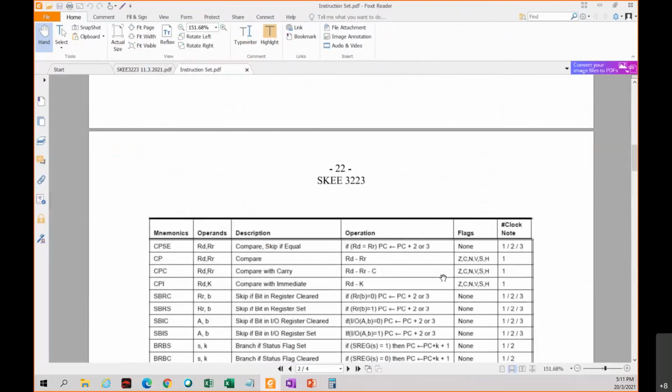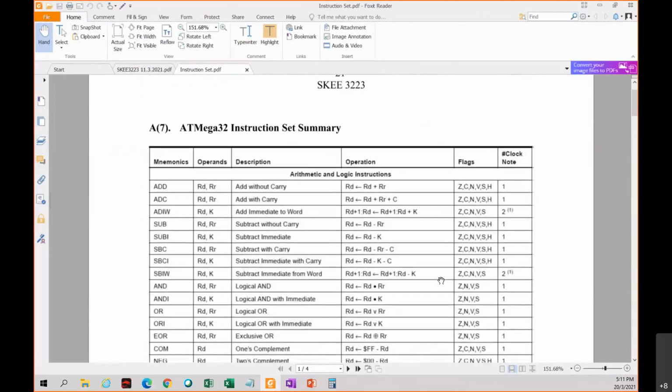Okay, from this instruction set summary, kamu boleh lihat, okay, kat sini, kamu ada dia punya mnemonics, kamu ada operands, and this description and as well as the operation. Okay, kalau kamu tengok sini, ADD, operand dia adalah Rd, Rr.